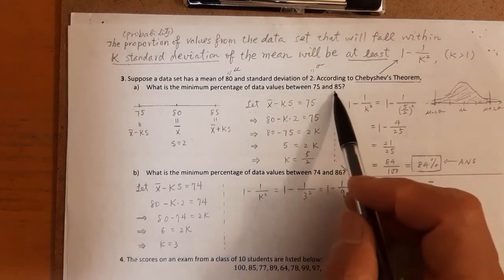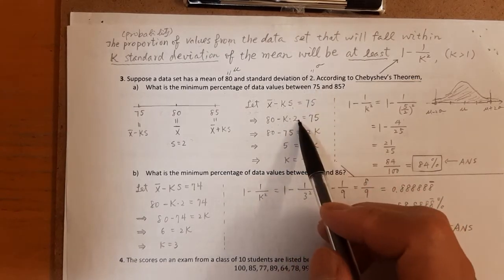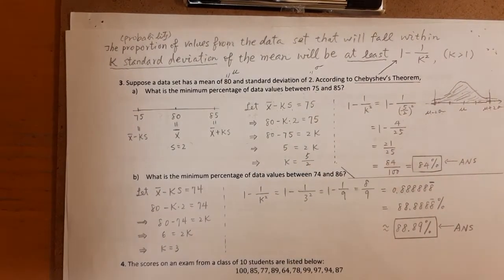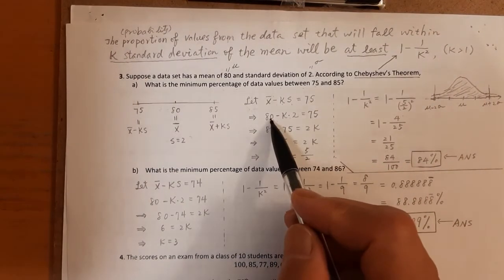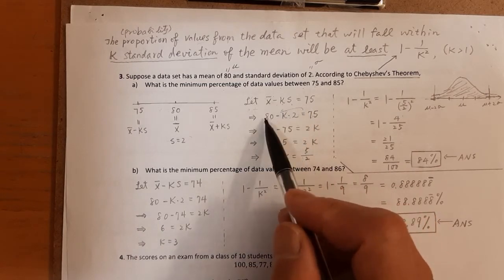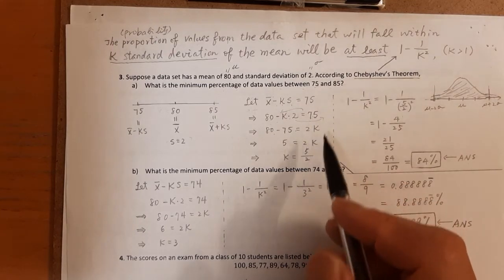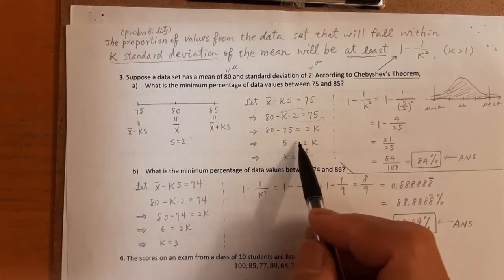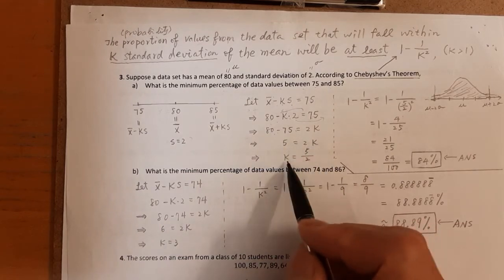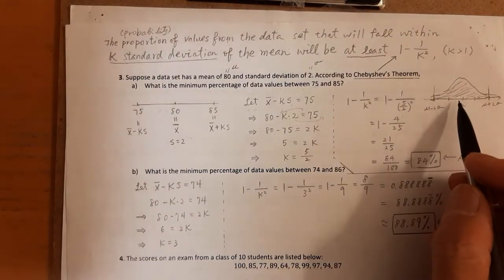So the mean is 80 minus K times the standard deviation 2 equals 75. Subtract 80 from both sides, or move the 2K over and change the sign to get 2K. And 80 minus 75 is 5, equal to 2K. Divide by 2 on both sides and get K equals 5 over 2, so it's 2.5. That is 2.5 standard deviations below the mean.